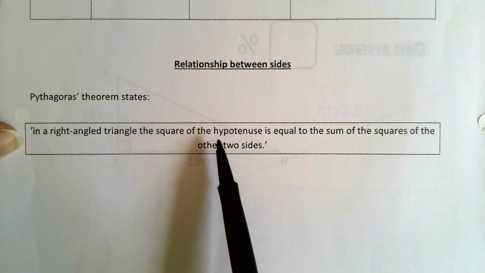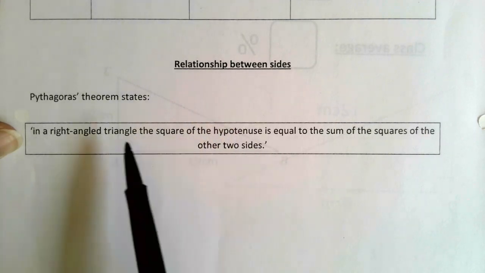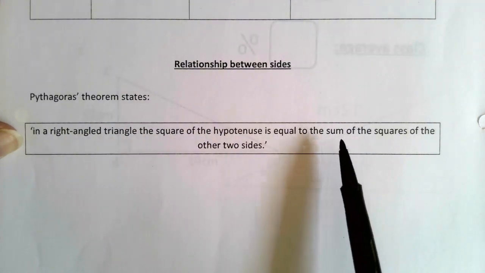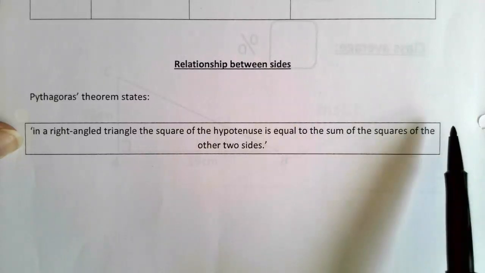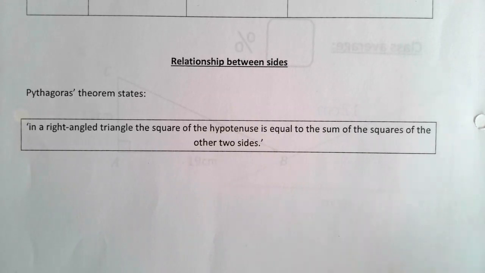I'll talk to you about what side that is in a second. The square of the hypotenuse is equal to the sum, which just means add up, of the squares of the other 2 sides.